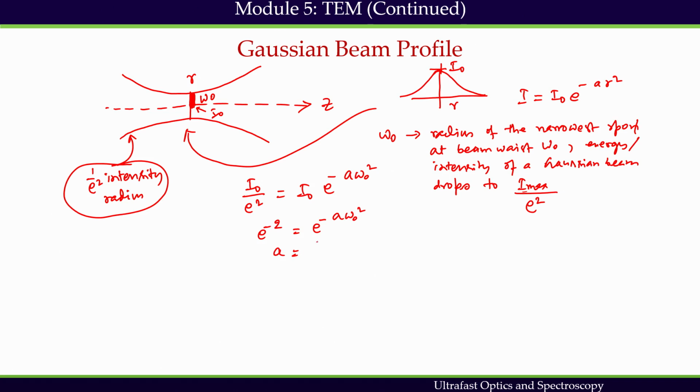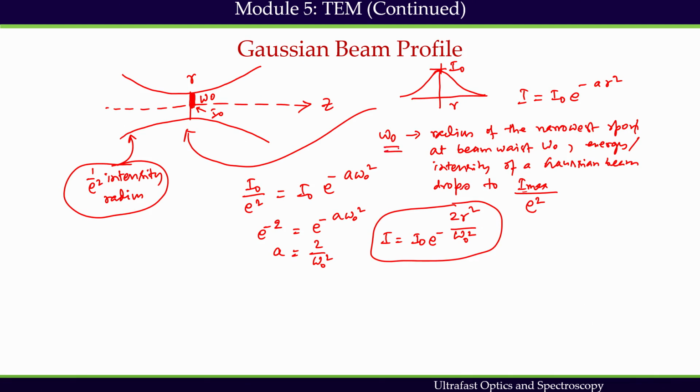So a equals 2 by omega naught square, and according to this definition I can write I as I naught e to the power minus 2 r square divided by omega naught square. So this is the intensity profile expressed in terms of omega naught.